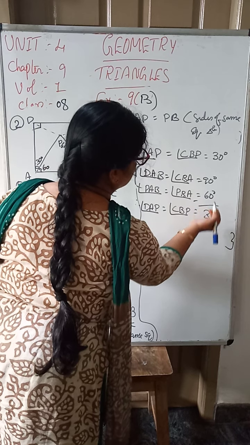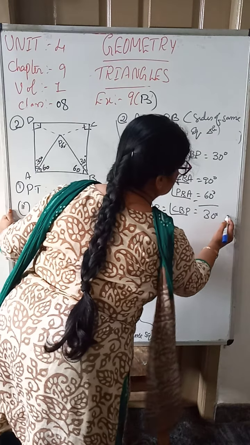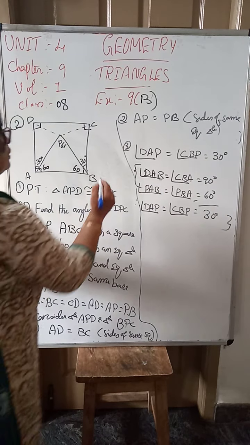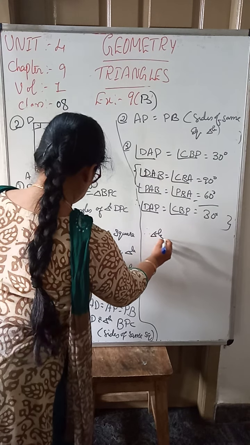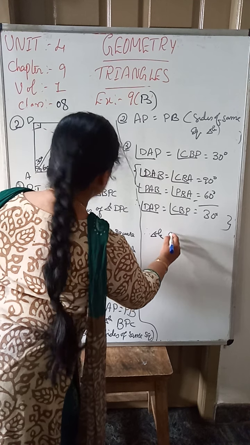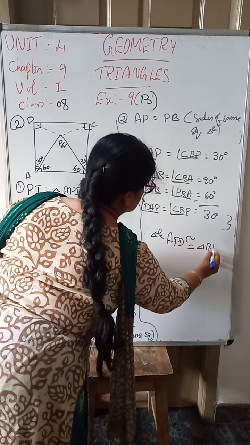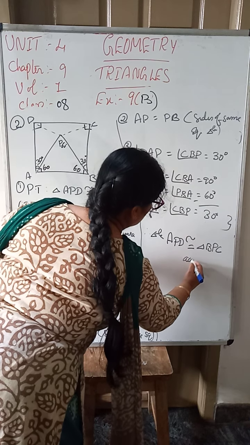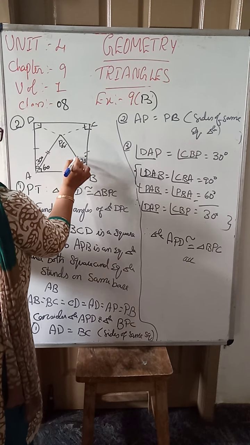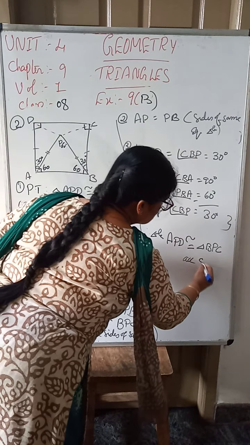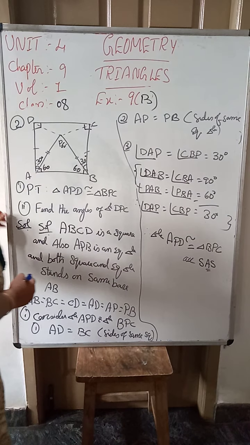After subtracting 90 minus 60, we will get 30 degree. This is the thing I have explained to you. Therefore, triangle APD is congruent to triangle BPC according to side angle side. First one we have proved.